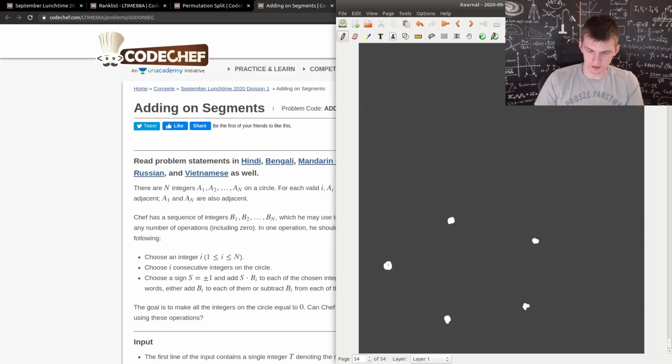I can increase a number and subtract the number 2 elements later in the sequence of differences. Let's model it by drawing a directed edge with cost 2, value 2.